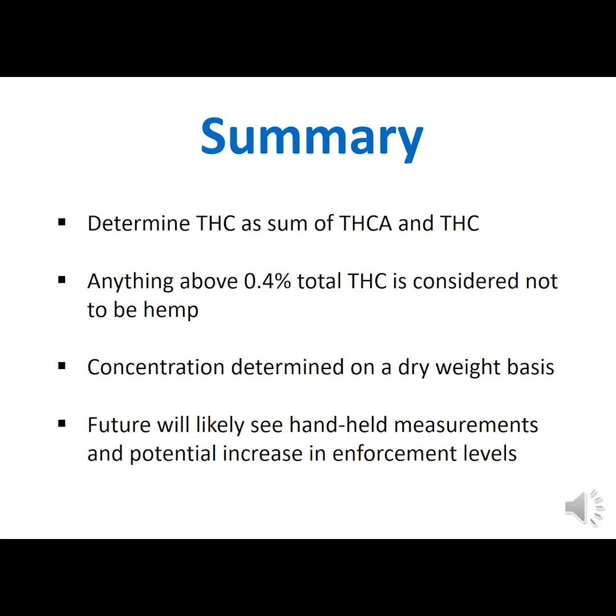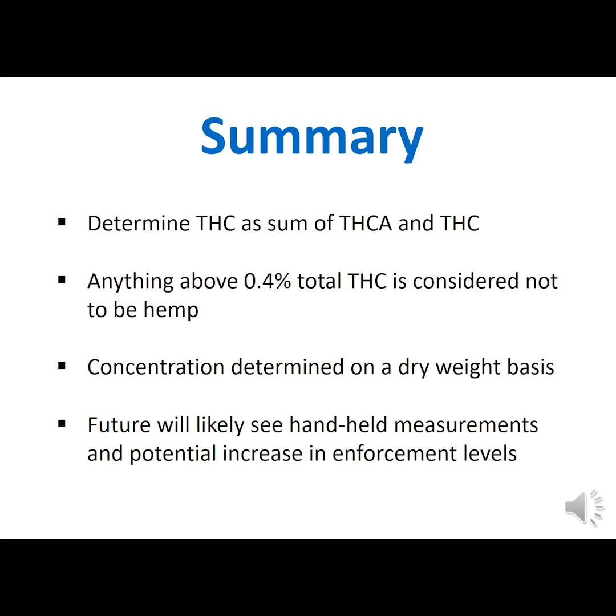Because of global measurement uncertainty, the limit we are currently using is 0.4% to determine whether a sample is in violation of being marijuana. In the future, that may have to change. We may have to look at our specific lab uncertainty. But for this year, it's going to remain at 0.4%.